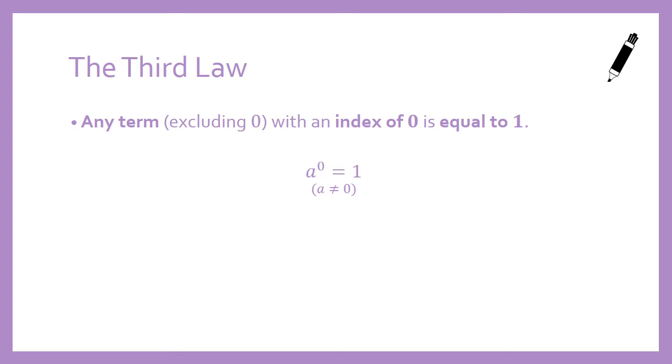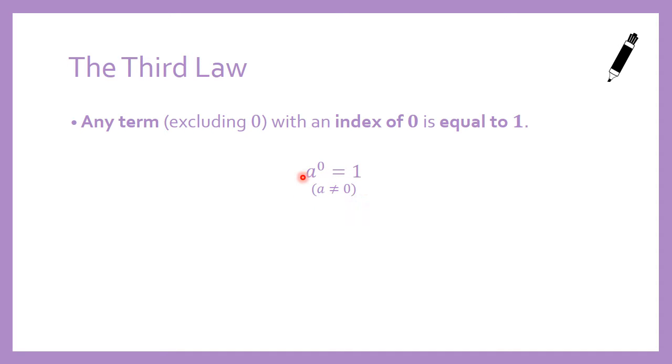The third index law, the zeroth law. Any term, excluding 0, with an index of 0 is equal to 1. So a to the power of 0 equals 1. Any value in here for a, any variable, any symbol, any number you can think of, if it's raised to the power of 0, the answer is 1.